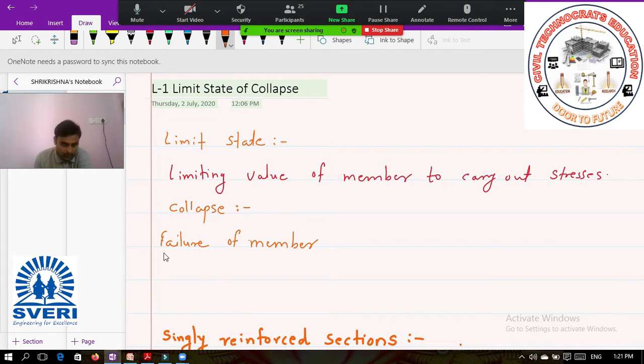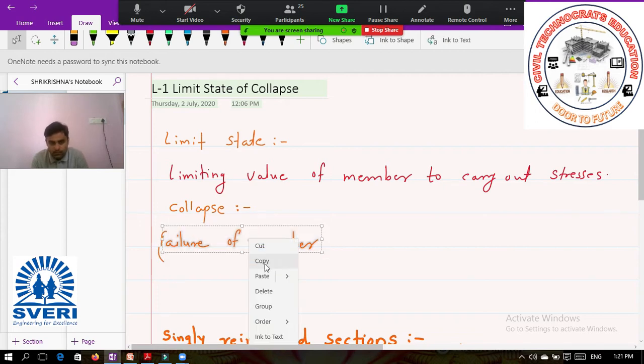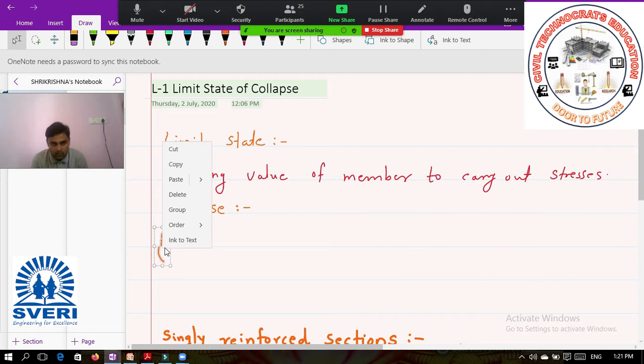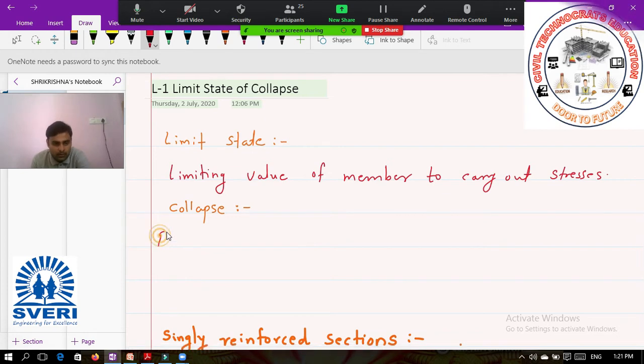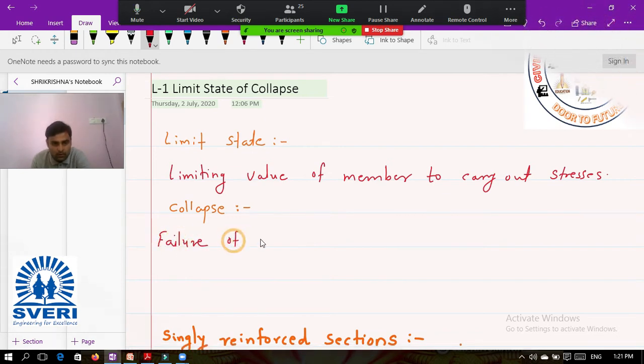Collapse is nothing but failure of the member.